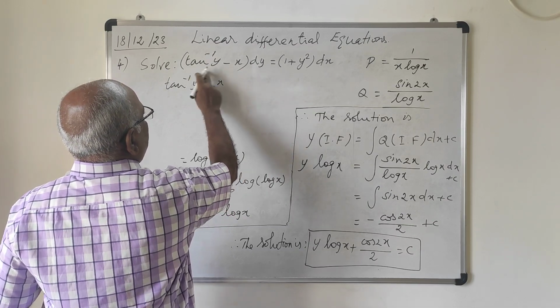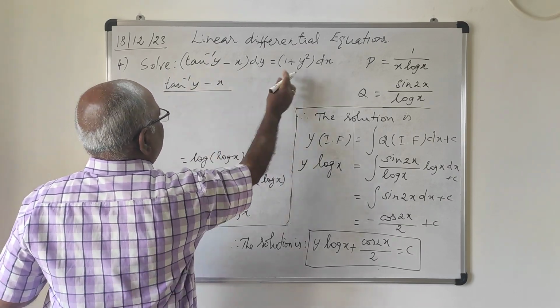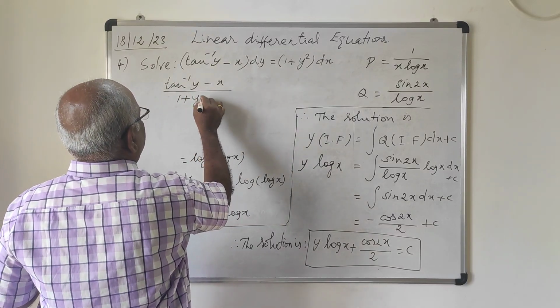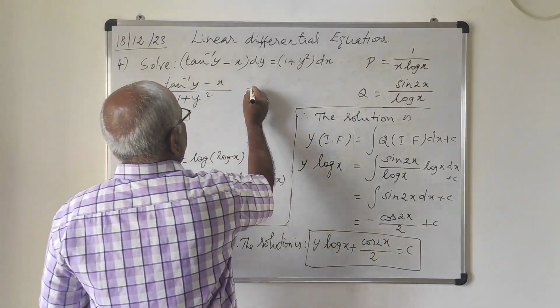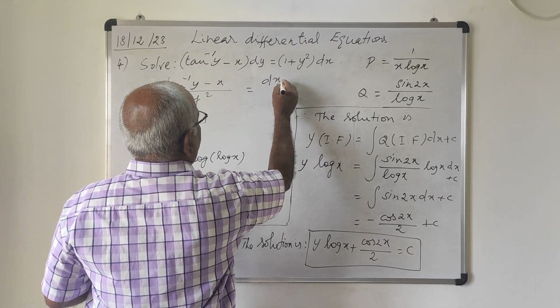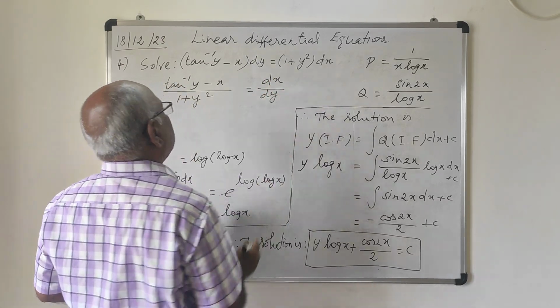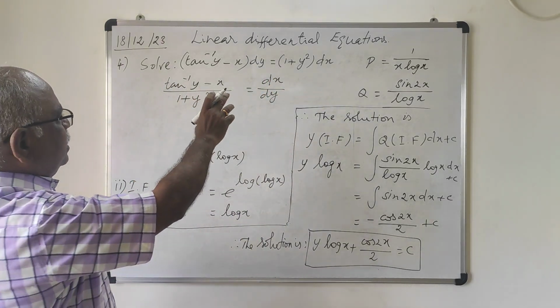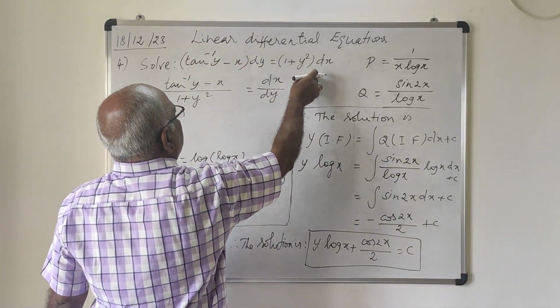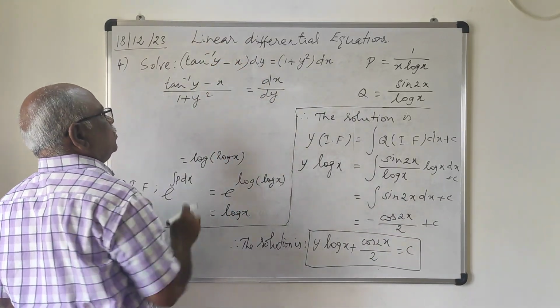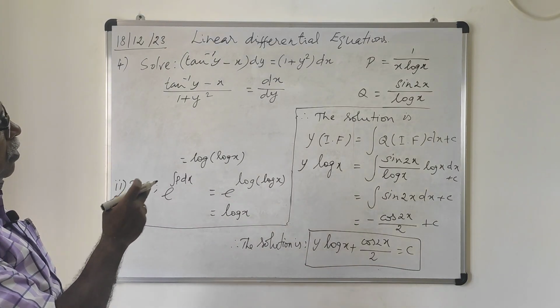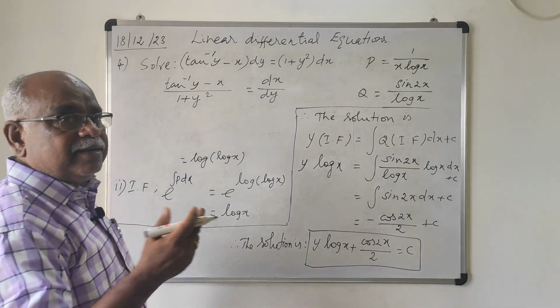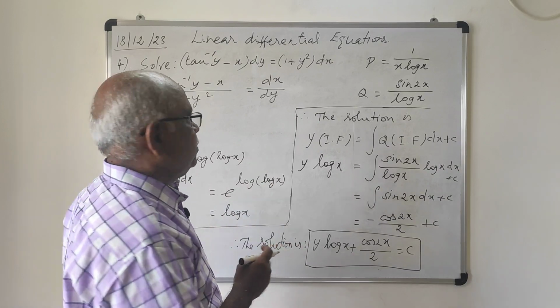You bring this 1 plus y square to the left hand side, it comes to the denominator, equal to dx by dy. You rewrite this equation as dx by dy equal to tan inverse y minus x by 1 plus y square.